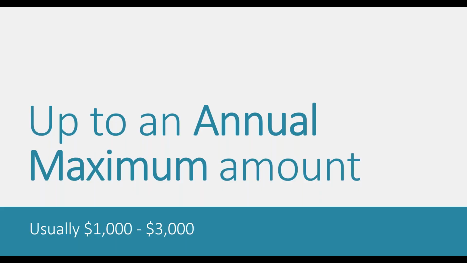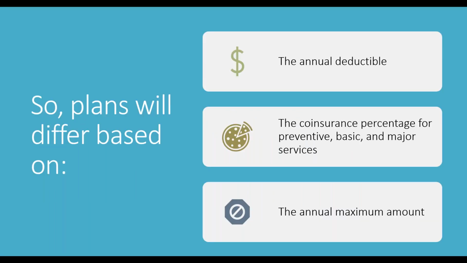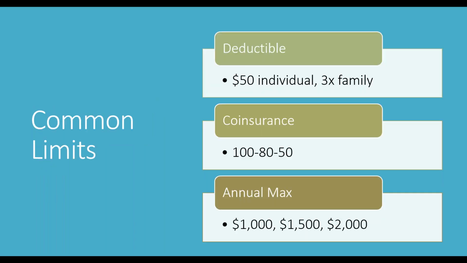So after the deductible, the insurance pays a percentage of the bill, depending on what category the service falls into, up to an annual maximum amount. Usually that's going to be in the $1,000 to $3,000 range, although there are plans with higher limits and some with no maximum limit at all. So plans will differ based on the annual deductible, the coinsurance percentage for preventive, basic, and major services, and the annual maximum amount.